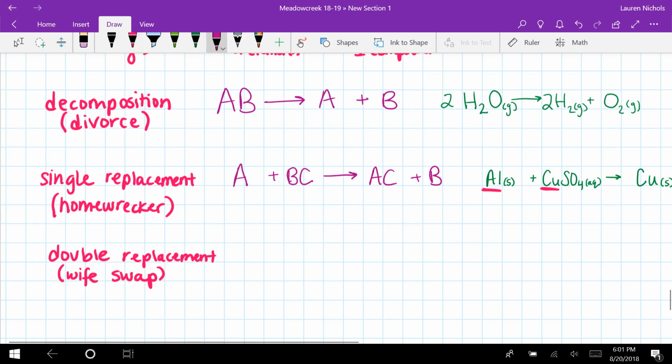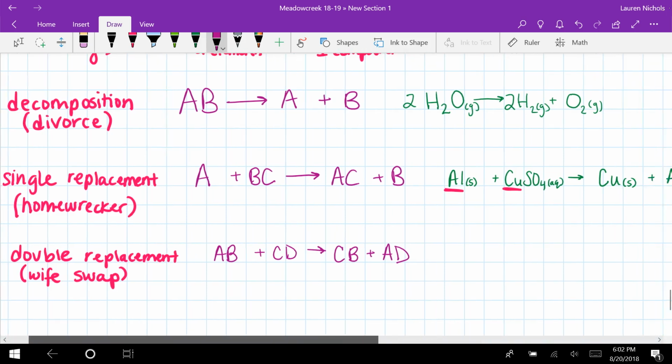And so if you have a compound, AB, and you add it to another compound, CD, then 2 things are going to swap places with each other. So A and C are going to swap places. So now C is partnered with B, and A is partnered with D. And so we can see that these things have swapped places.